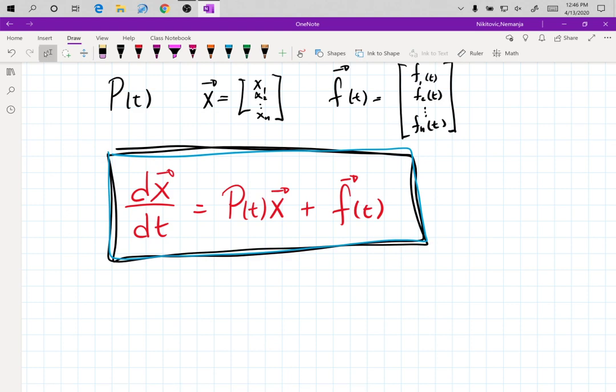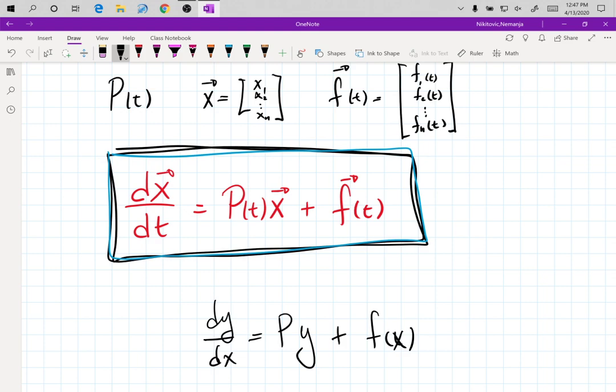So if you go back and look at our linear systems from class number 2, I think, when we started in January, maybe class number 3, but it should be in class number 2, you are going to see dy dx is equal to p y plus f of x.